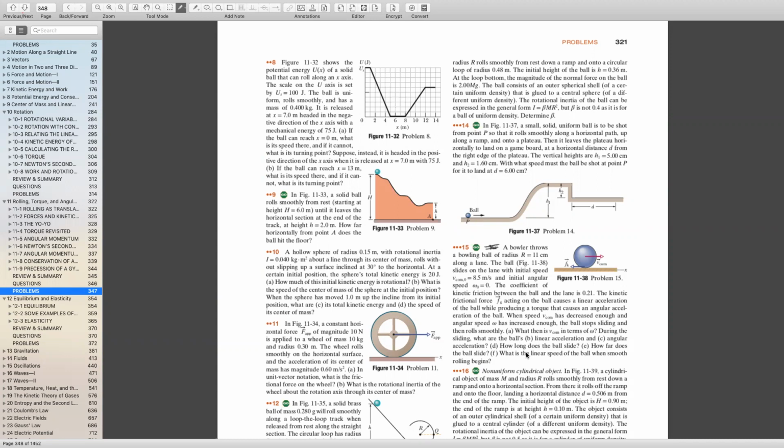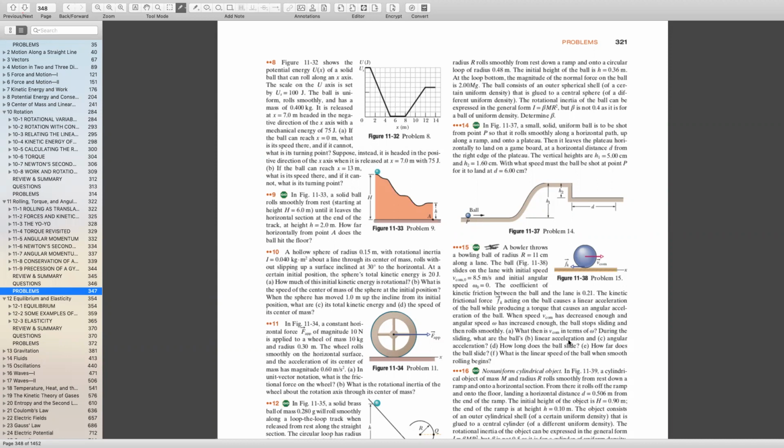So that is our velocity equation, and it's got t in there. And then our omega equation is just alpha t, because there is no initial omega. Okay, I see. So you make an equation for linear velocity, and then you make one for omega, and both have t. And then you set them equal to each other with r. Yes. Okay, so three equations to solve this. Yes.